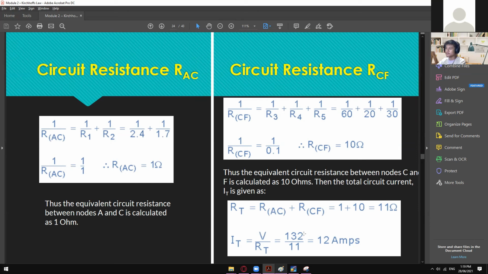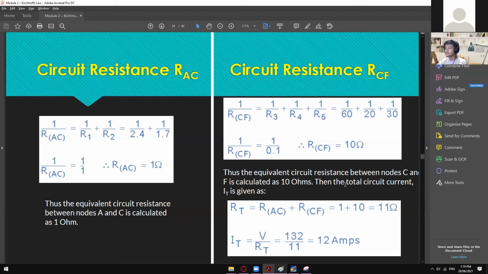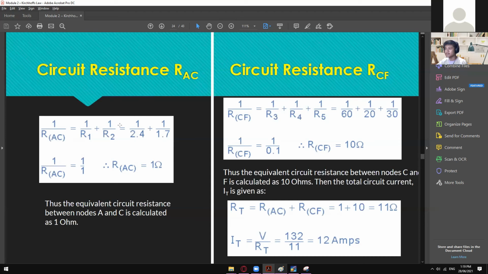So since we are getting the I total, we have to get the total values of your voltage and then R total. So 132 divided by 11, you'll get 12 amperes. Okay, so that is now the value of your IT right here. So after that, you can now have this one, of course, after simplifying or getting these values right here.